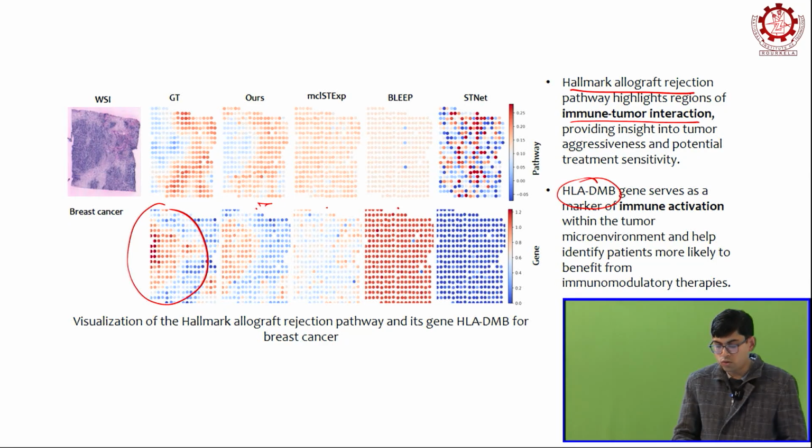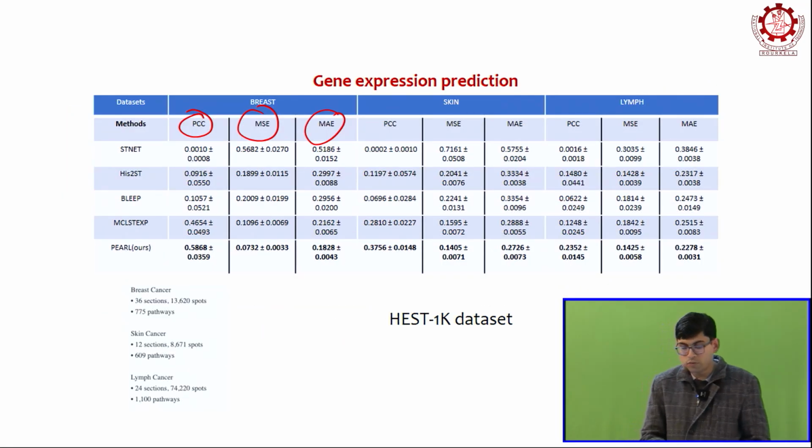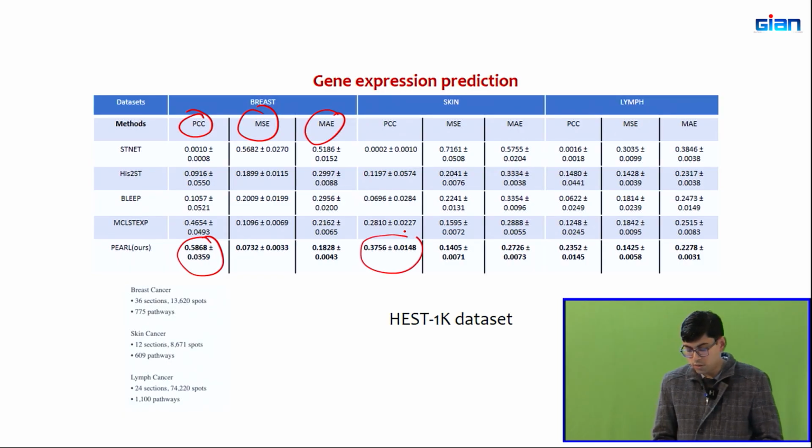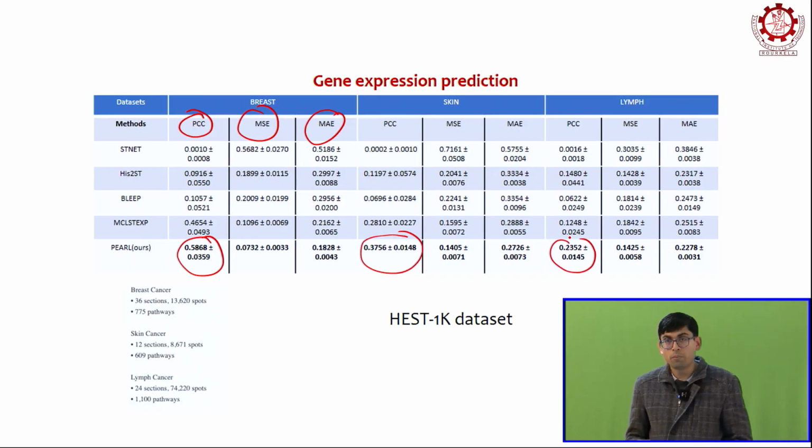You see how ours is quite similar to the ground truth. I'm not saying it's perfect, and if you look at the quantitative scores, you'll see that reflected there. PCC of 0.58 is okay. It's not great, right? But it's still better than the other methods. Similarly, it's still quite low, but it's similar to the ground truth, at least from a relative expression perspective.